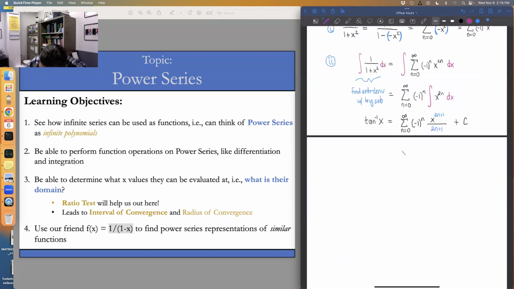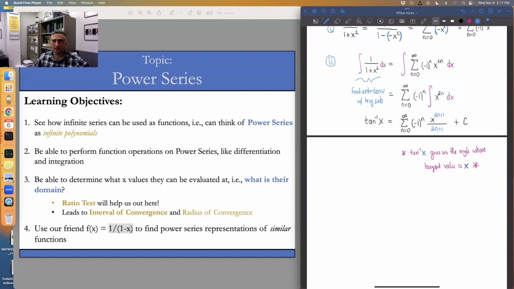So just to remind ourselves, what the arctangent gives us is the angle whose tangent value is x. So the arctan of x gives us the angle whose tangent value is equal to x, the x inside of that argument of arctangent.